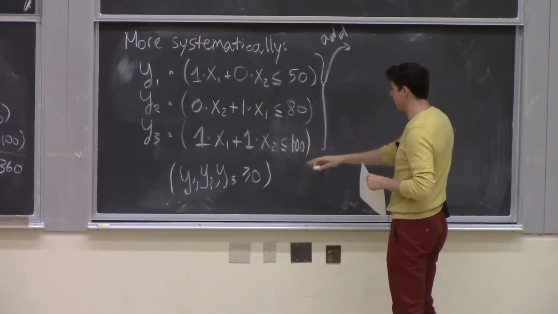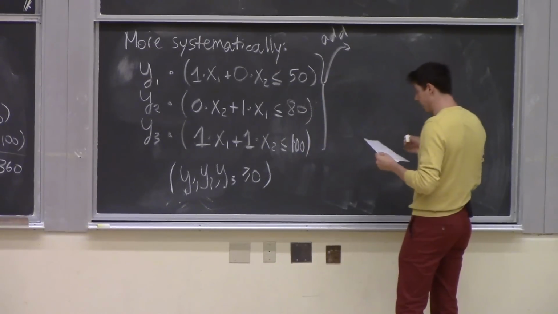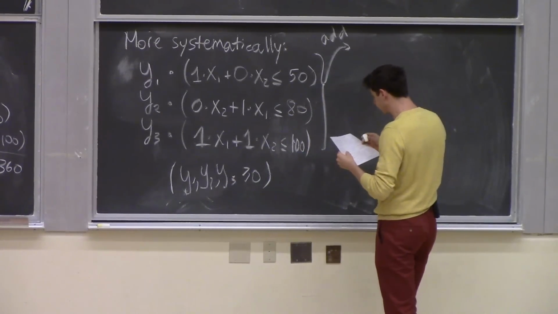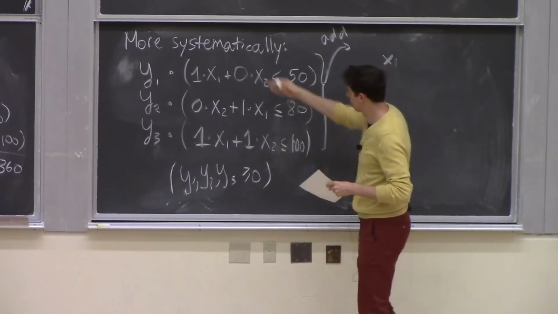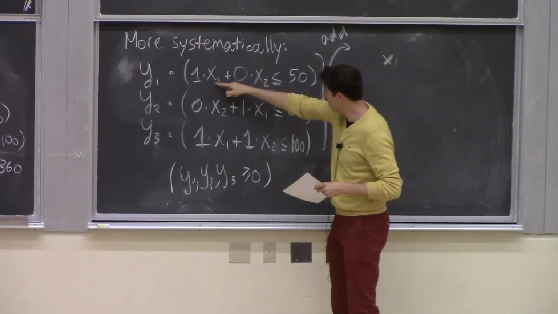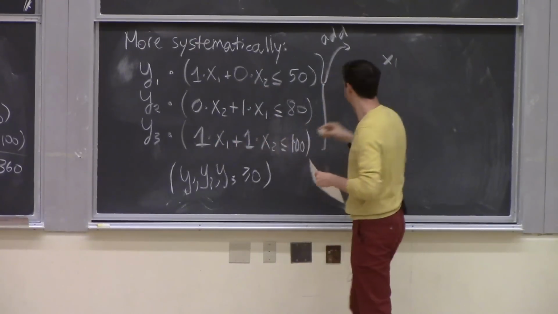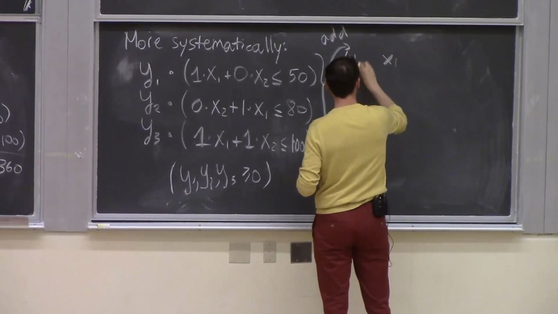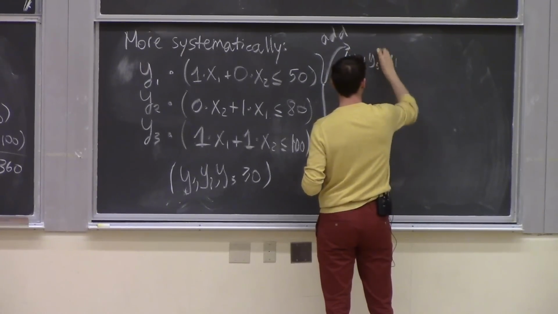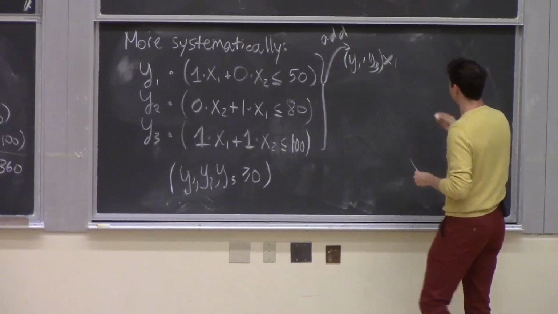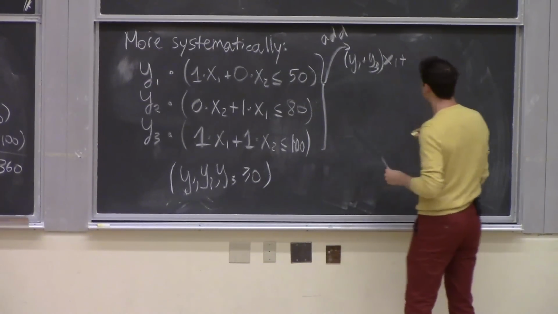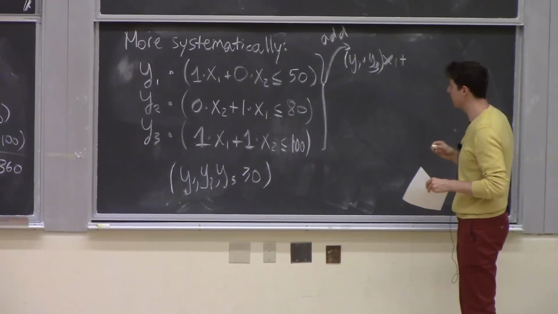So under that assumption, if I add them up, what is the coefficient of x1 that I will get? y1 plus y3. Excellent. So here I can write y1 plus y3 times x1. Okay? So plus, what is the coefficient of x2?